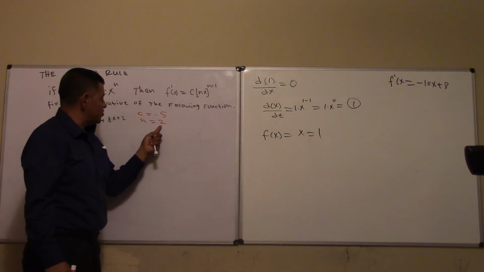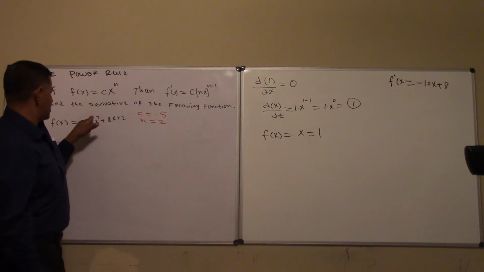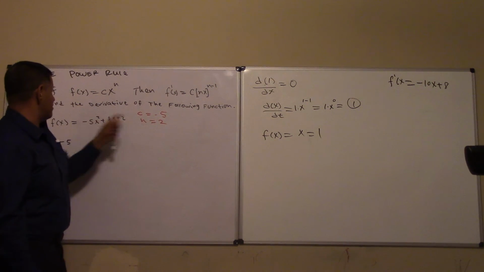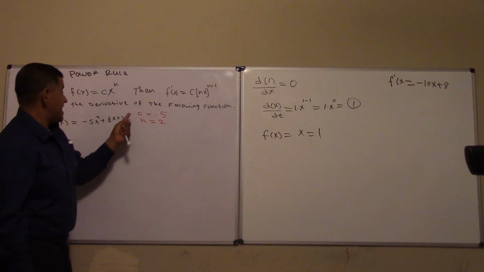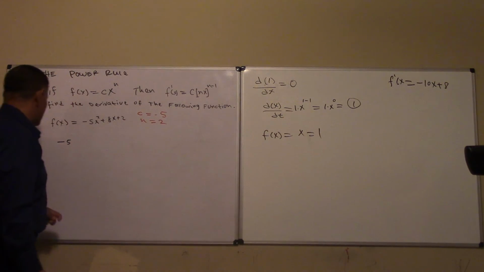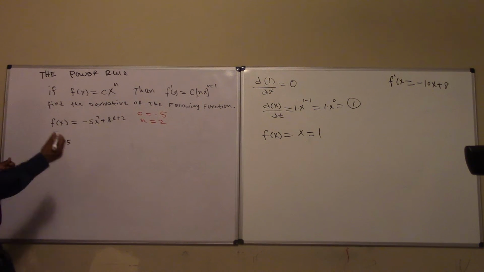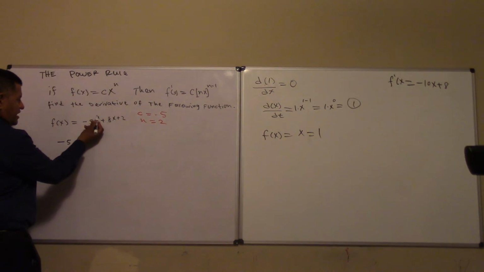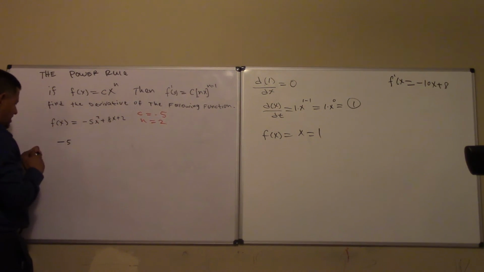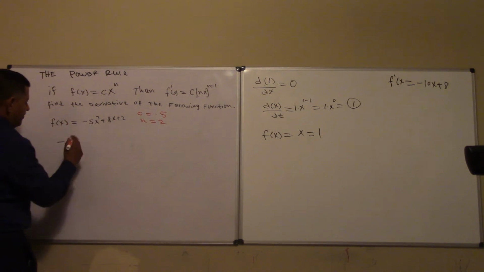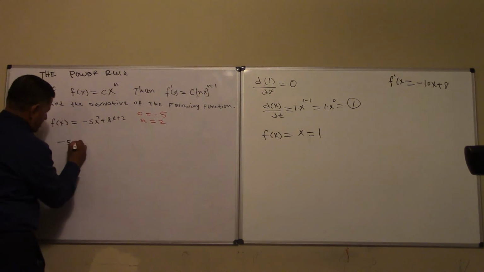N is equal to 2 here, and c is equal to negative 5. So what I do here is the following. This number comes to the front, and I multiply that by 2.